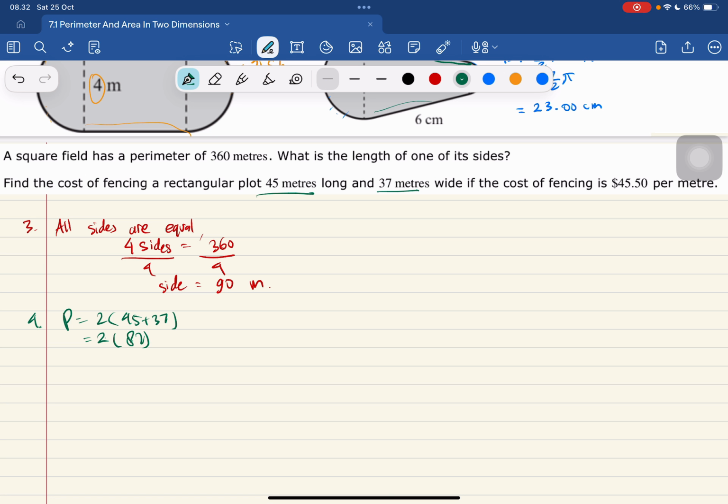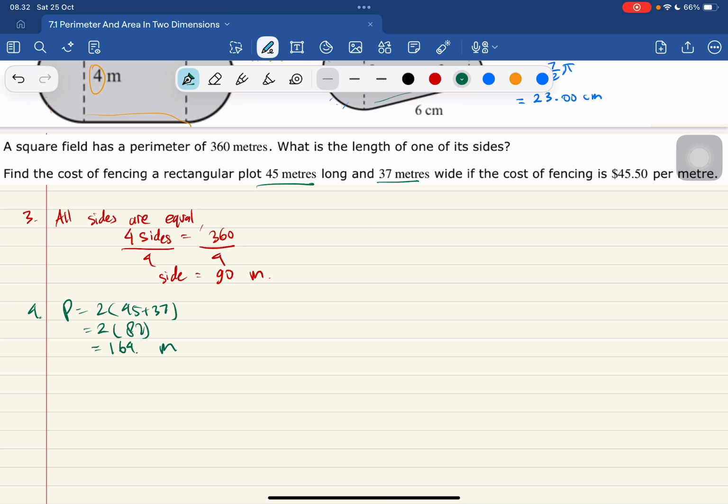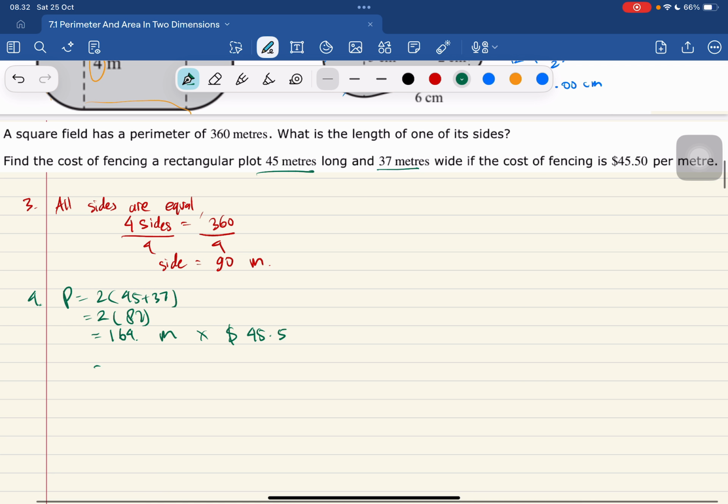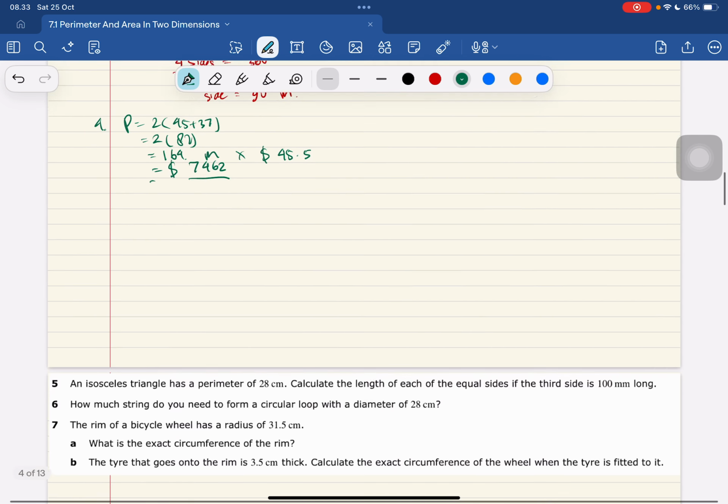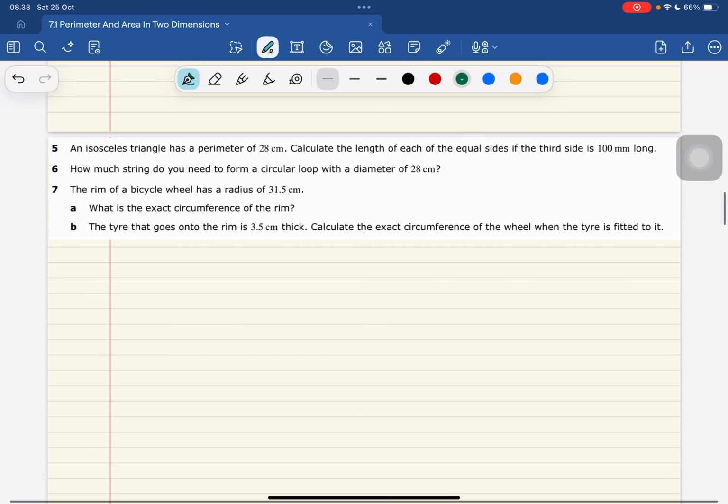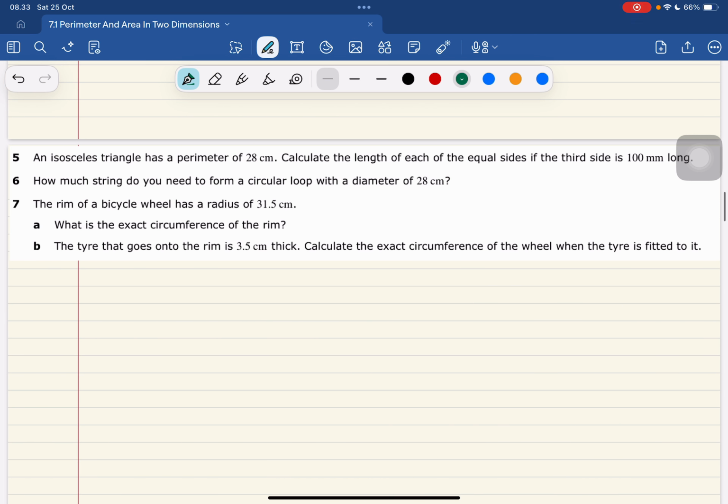And 82 multiplied by 2 is going to be 164 meters. And then we multiply it by the dollar amount, 45.5 per meter. So 164 multiplied by $45.5. This will give us the answer of 7,462.